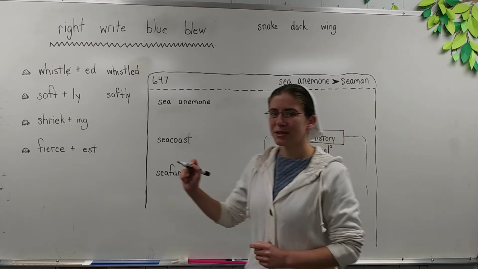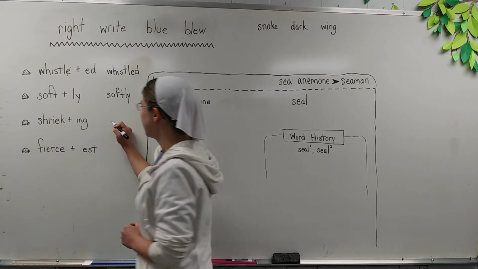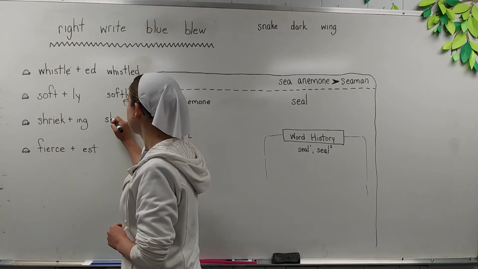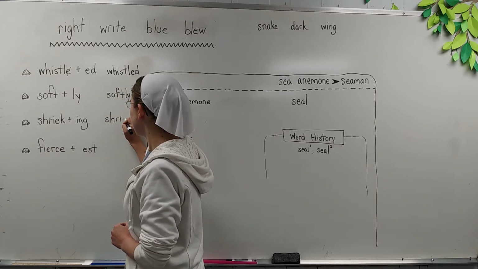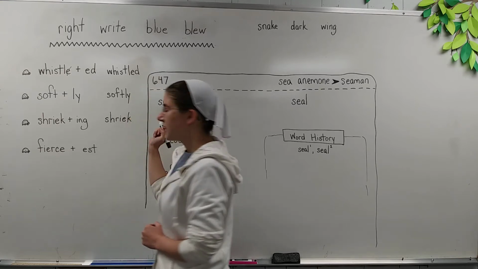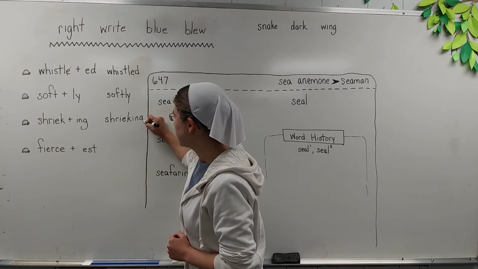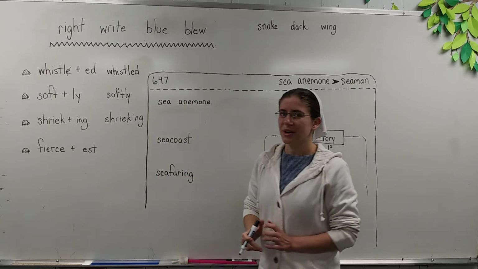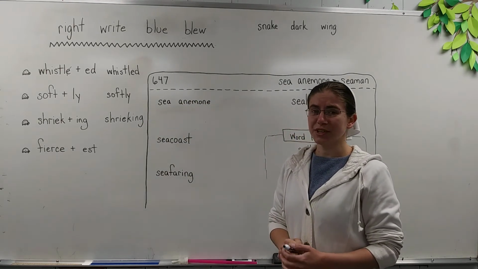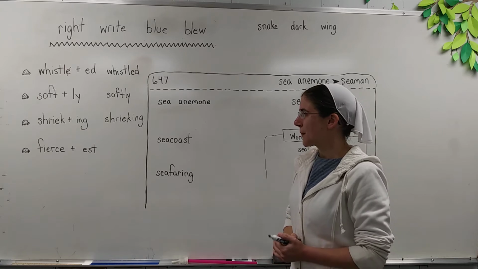Okay, here's the word shrieking. We write the root word, and we don't have to change anything. We just add I-N-G. So the girls were shrieking with laughter.